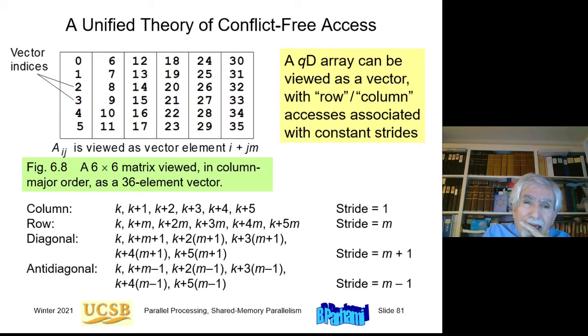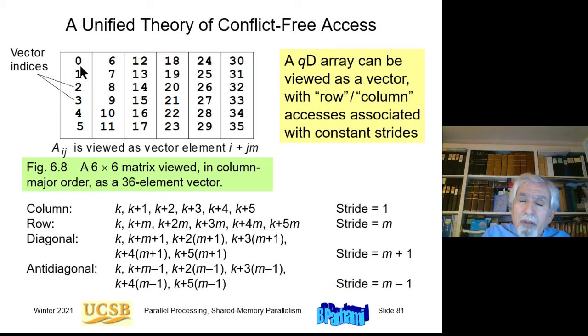We say, okay, if we have a matrix, we don't view it as a 2-dimensional data structure, but as a 1-dimensional vector. So instead of saying row 0, column 0, which is element 0, row 1, column 0, element 1, row 0, column 1 is element 6. So we basically flatten the data structure into a vector.